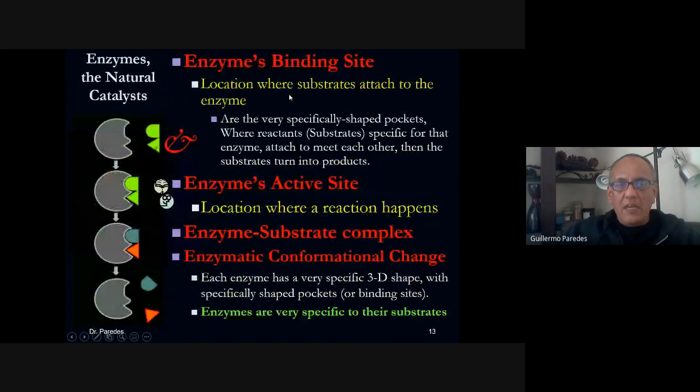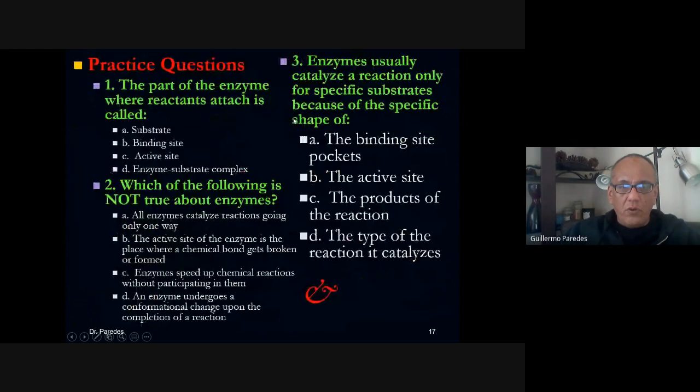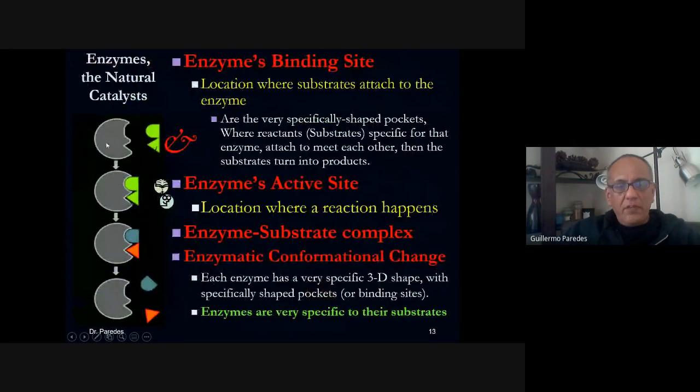All right, so here is what you need to know for your exam. This is like a Pac-Man here. I don't know if you knew Pac-Man. Anyhow, this is the enzyme. These are the solutes, reactants, substrates. They are coming, and look at this, they have a shape.